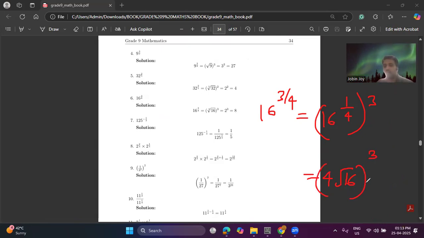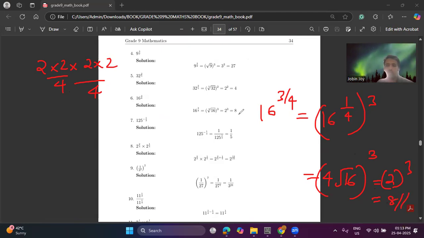What is the fourth root of 16? 2, right? 2 into 2 is 4, 4 into 4 is 16. So 2 raised to 3. What is 2 raised to 3? 2 into 2 is 4, 4 into 2 is 8. So the answer is 8.